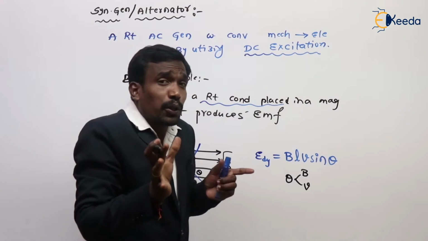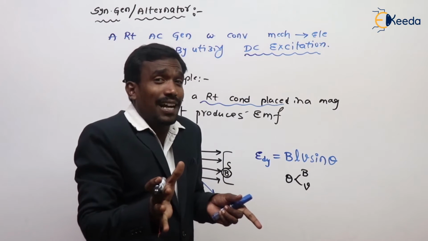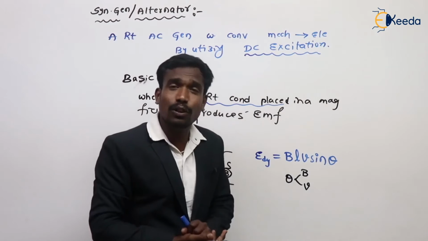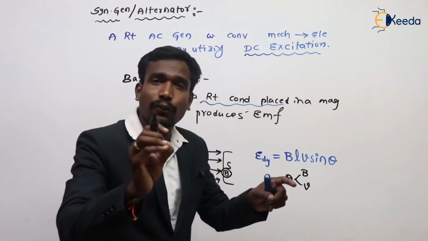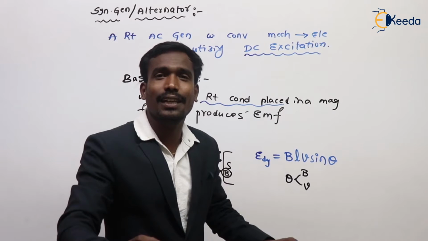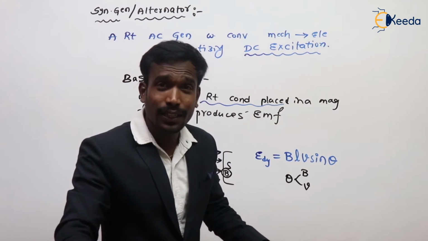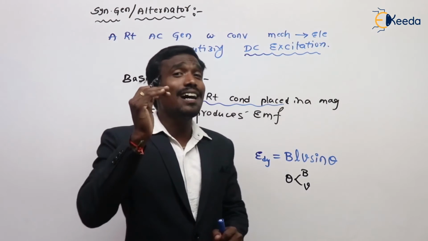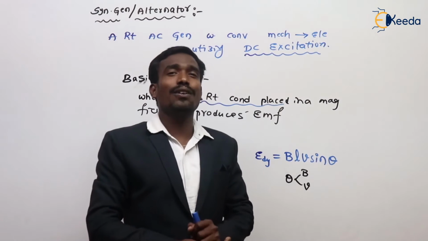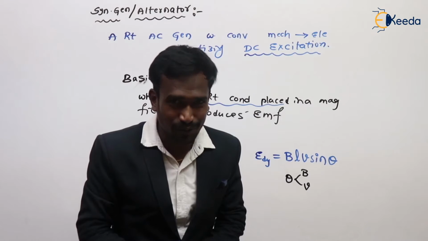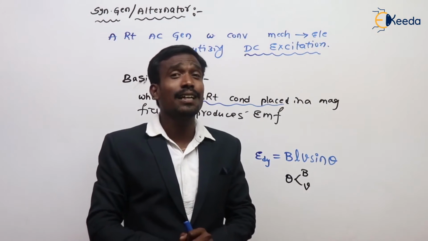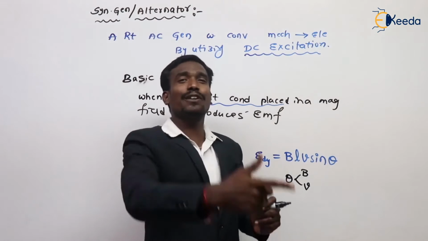How much EMF is produced in our alternator? If they ask you a question, E is equal to BLV sine theta, where theta is the angle between flux density and velocity. Are you okay? Now, what is the direction of our alternator induced EMF? Can you tell me the direction of induced EMF?